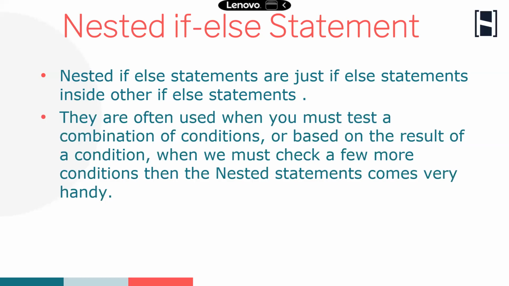Whether the student belongs to the CSE department or not. If he does not belong to CSE, what is the use of me checking for the marks and what is the use of me checking for the screening test? No, right? So the first condition I am going to check is whether your department is CSE or not. If that condition is satisfied, then I will go inside and check another condition.